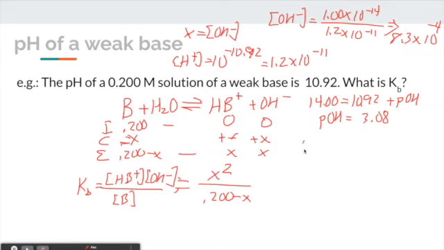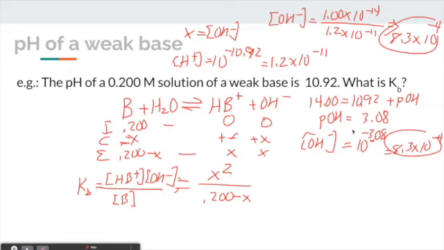And so that means the concentration of OH minus is equal to 10 to the negative 3.08. And that ends up being 8.3 times 10 to the minus 4. So either way you do it, you come up with that same value. Just do whichever one you're most comfortable with.